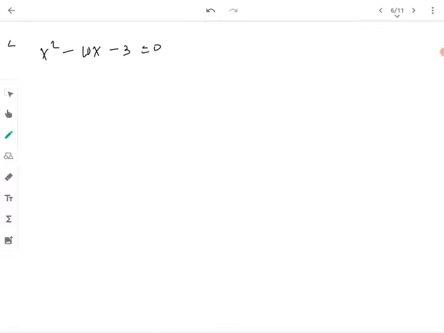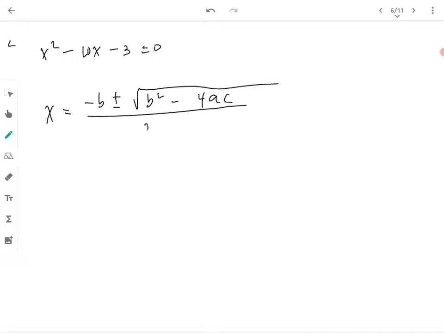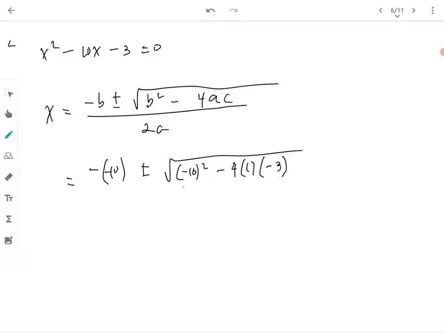So we can use the quadratic formula since that is not factorable. So negative b plus minus the square root of b squared minus 4ac all over 2a. Then we have negative 10 plus minus the square root of negative 10 squared minus 4ac all over 2 times 1.